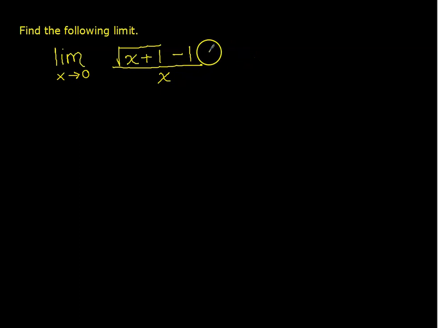Another one is to rationalize. So instead of rationalizing the denominator as we've done in algebra, here I'm going to rationalize the numerator. So what I'm going to do is rationalize the numerator, which means I'm going to multiply this numerator by its conjugate. So I'm just going to make a note of that.